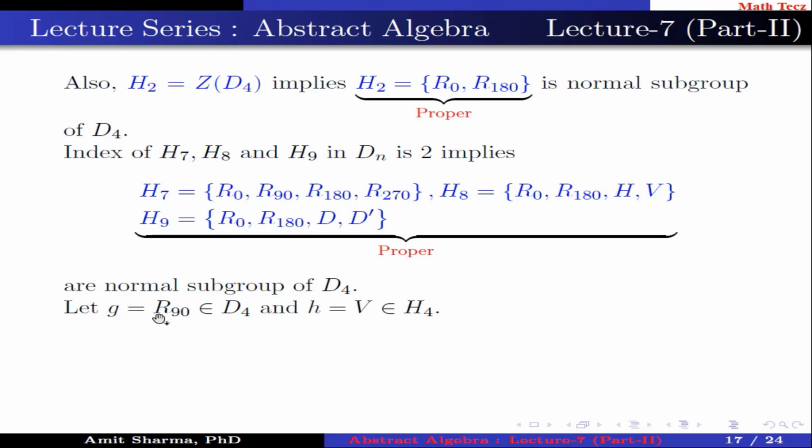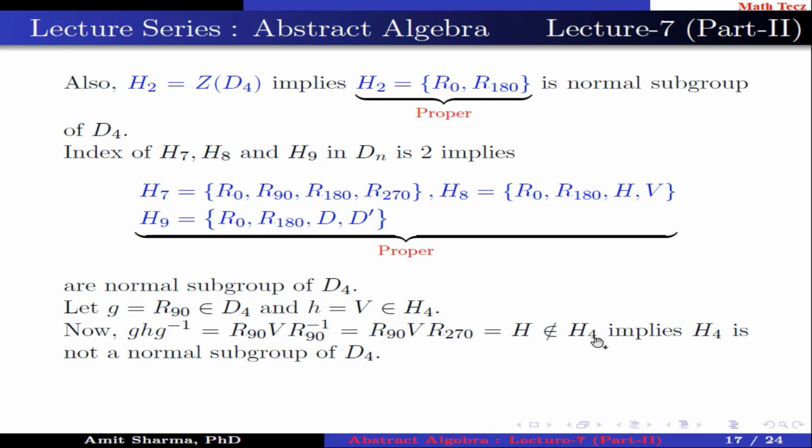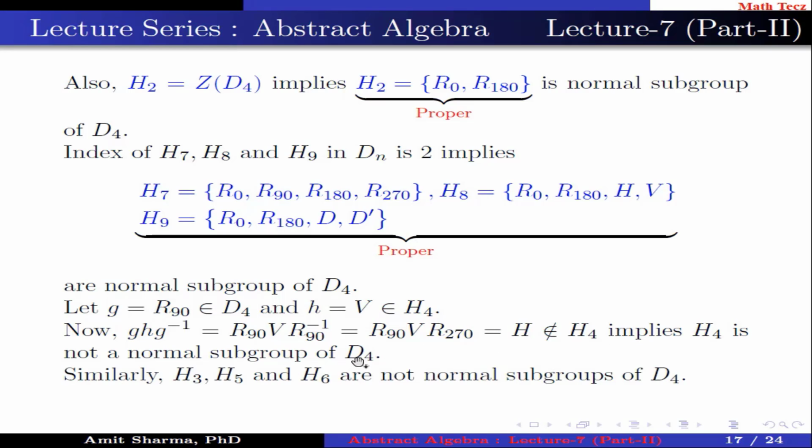Let g equal to R90 belonging to D4 and h equal to V belonging to H4. Now g h g inverse is equal to R90 V R90 inverse, which is equal to R90 V R270, which is equal to H, that does not belong to H4, implies H4 is not a normal subgroup of D4.